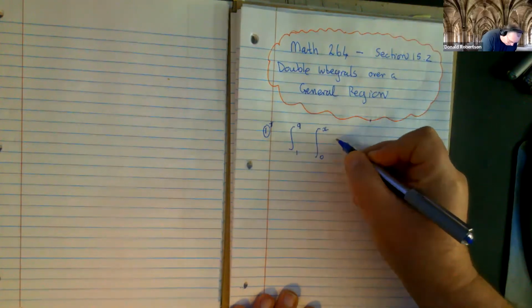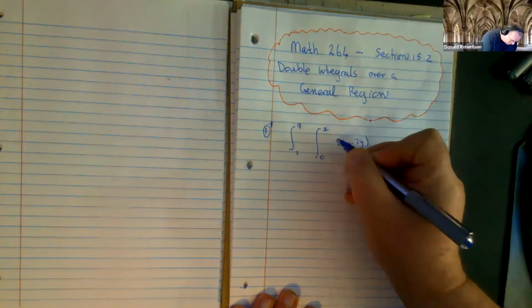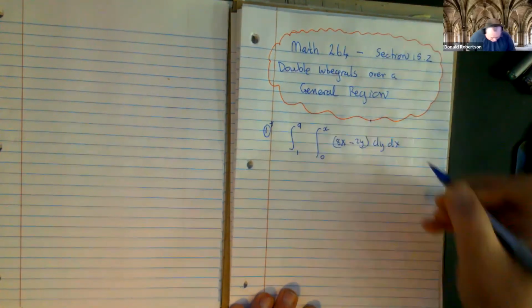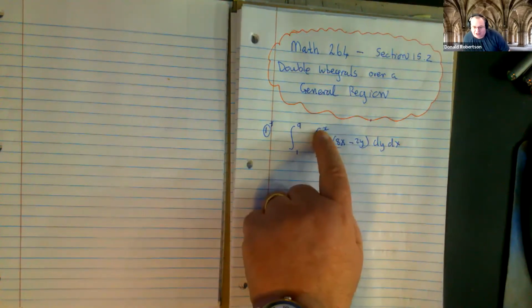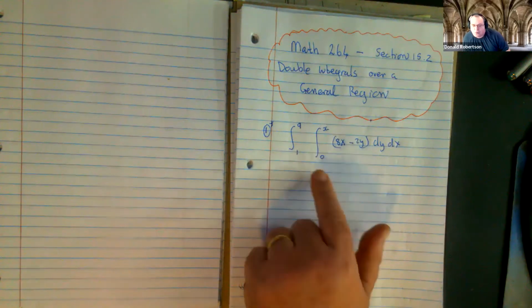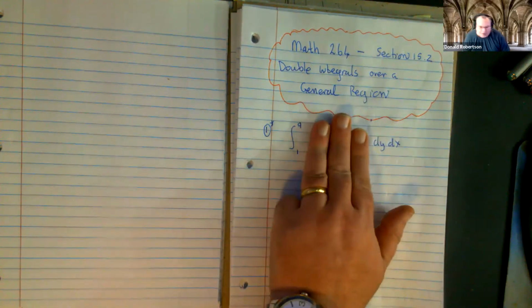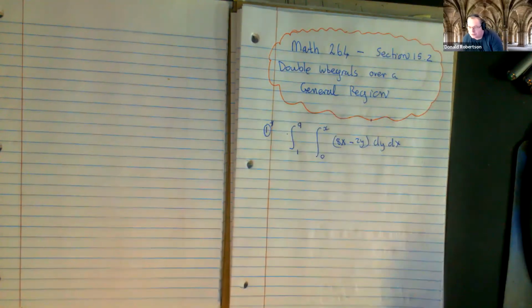And you can tell that it's a non-rectangular region when you look at the limits of integration. At least one of these guys will have a variable in. In this case, it's x. Now, when a double integral is written, what we call the outside integral, right? It's the last thing you do, must have 2 numbers in it.